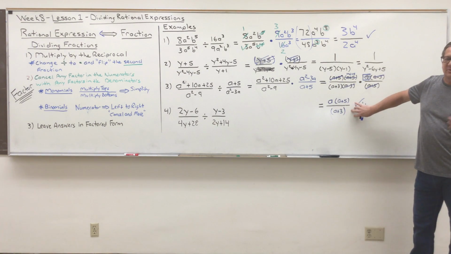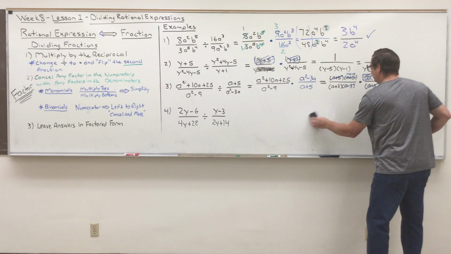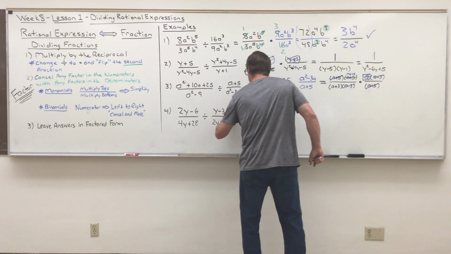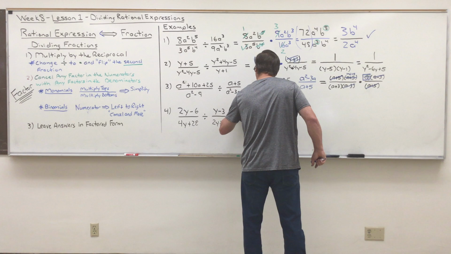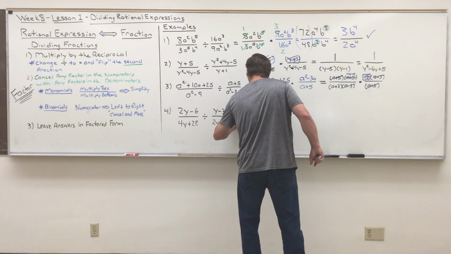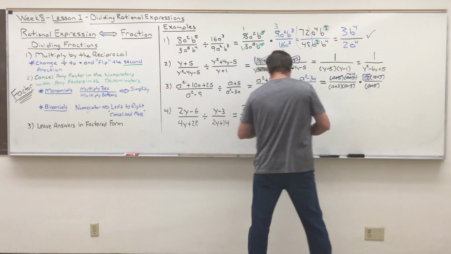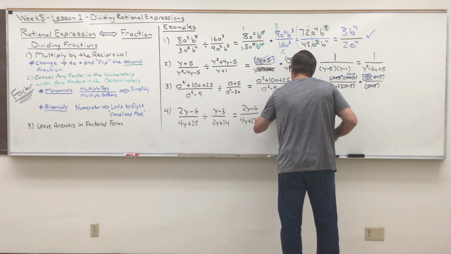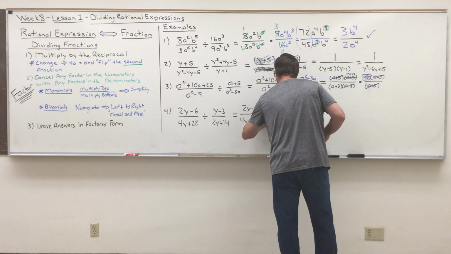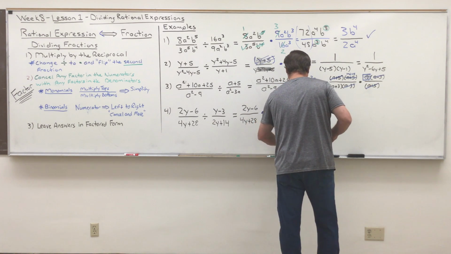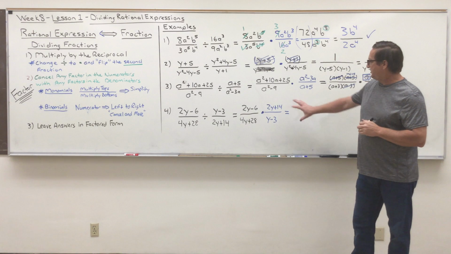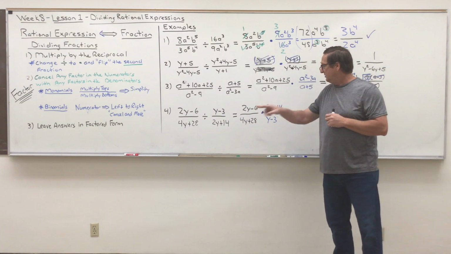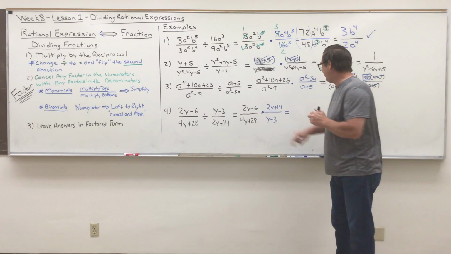Once again, I'm going to take this out, and of course you can pause the video and keep it. So here we go. Part 1, I see division. So we flip, and now I look at 4 problems. 2y minus 6. Look for first GCF.